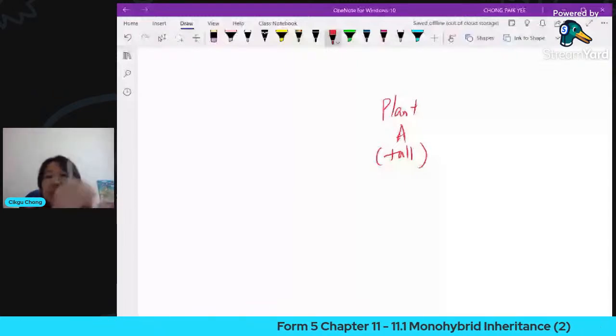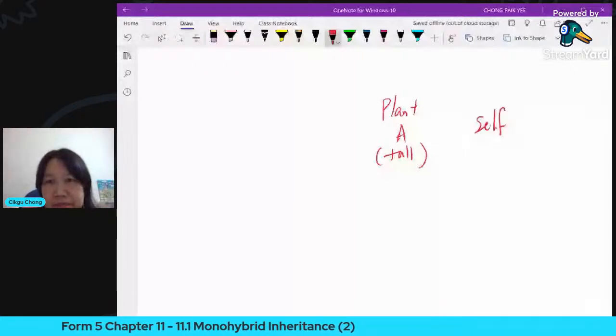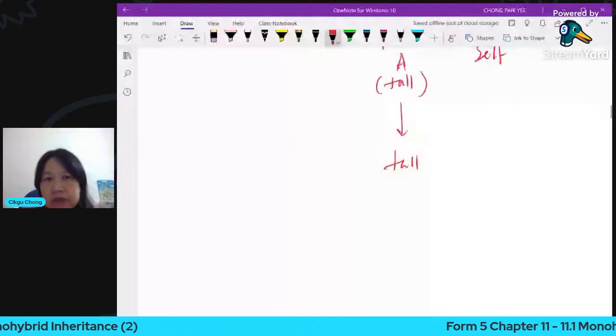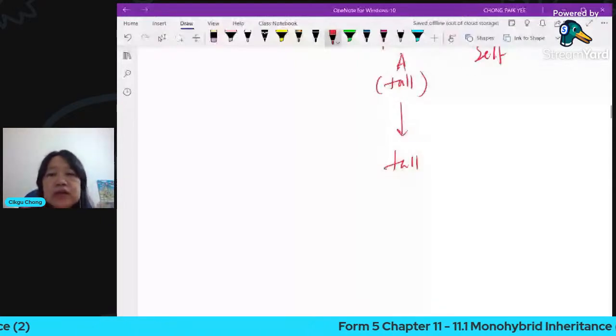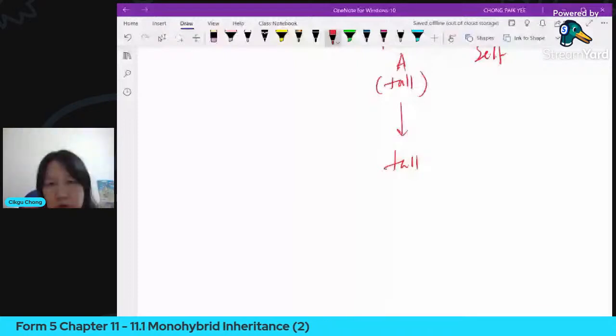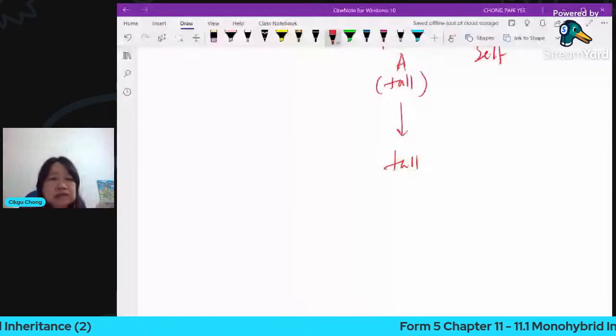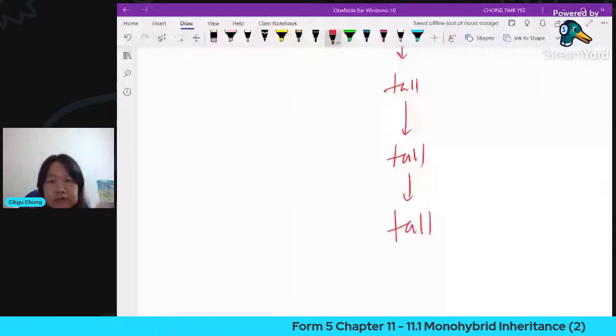It's self-pollination, and then after that, you find the next generation is also tall. You self-pollinate again, and the next generation is also tall. And then again, you repeat. Next generation, all the plants you get are also tall. That means it only produces tall organisms. The plant is always tall.